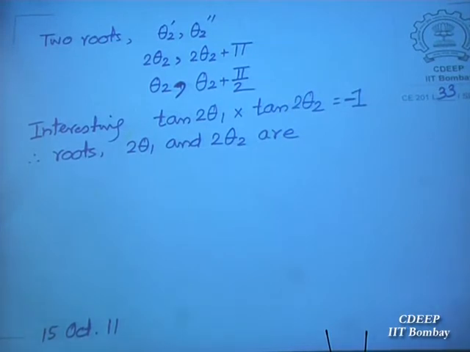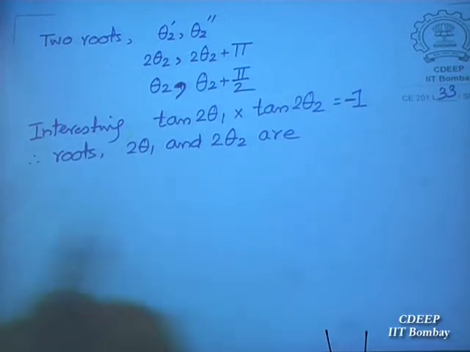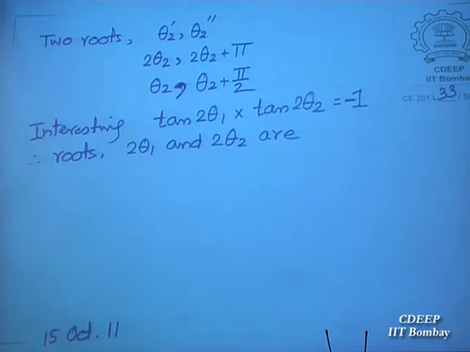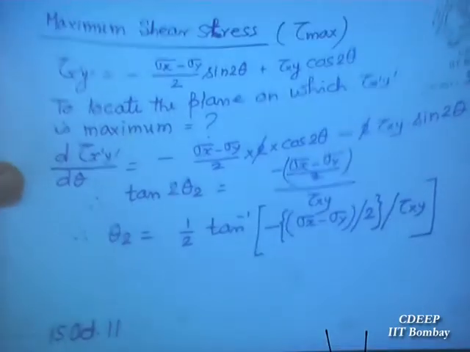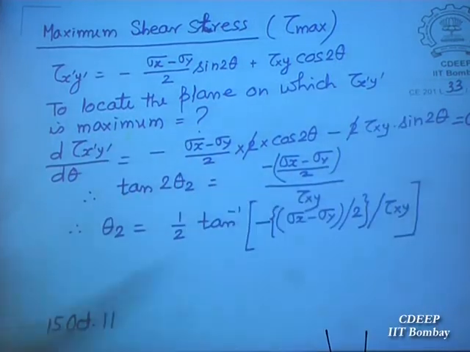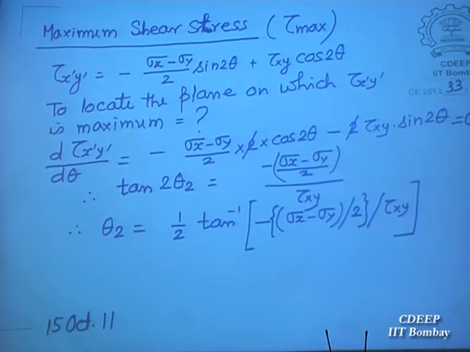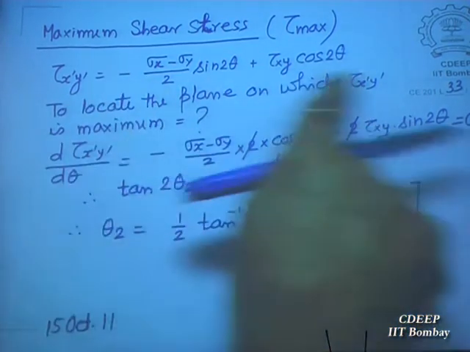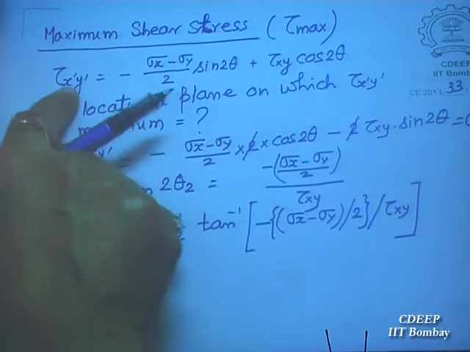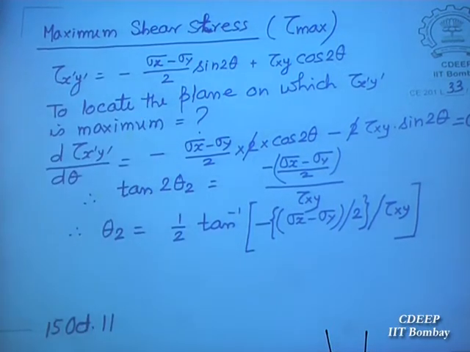You tell me what is theta 1? Tell me. When sigma x is maximum, sigma x dash is maximum. Theta 2 is, just see here, what is it, theta 2? Because you must have come late. So what is theta 2? When the shear stress is maximum.